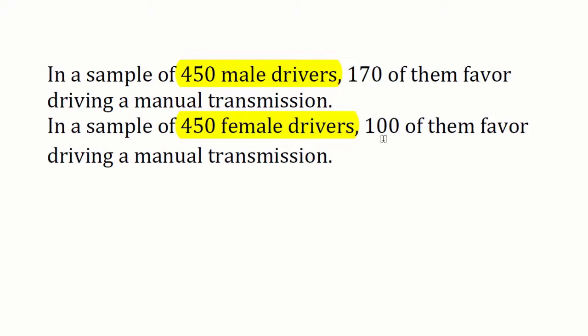And the same as the other proportion. If we put 100 out of 450, we have a sample proportion of those drivers who favor driving a manual transmission, but taken only from the female drivers population.